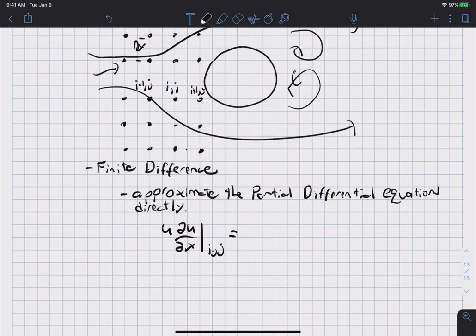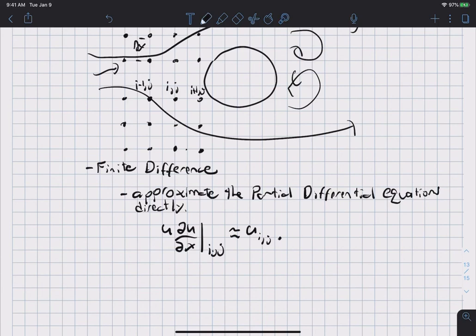Well, here you use techniques from your numerical methods course that you may or may not have taken, and you approximate this as, and there are lots of ways of doing this, u_ij, which means u at this point here, times an approximation of this derivative here.